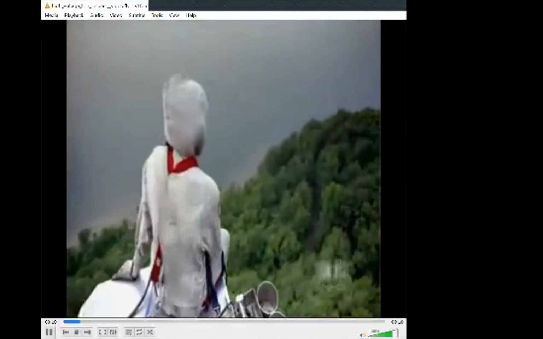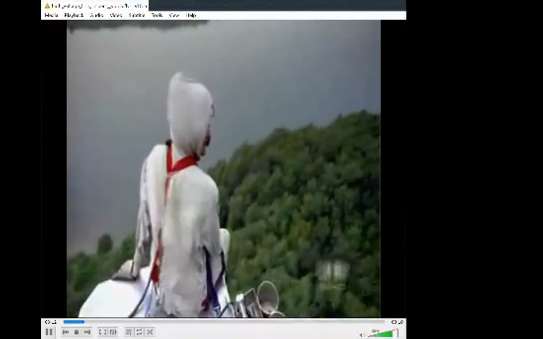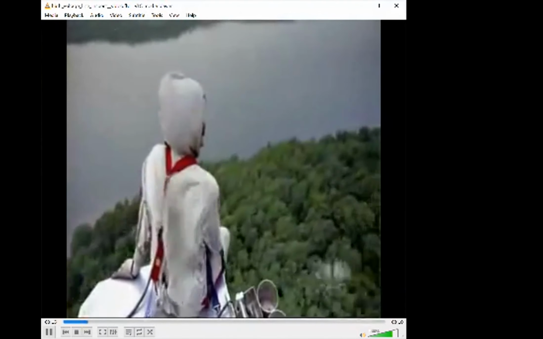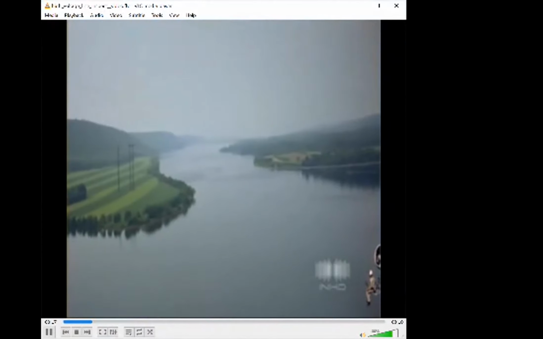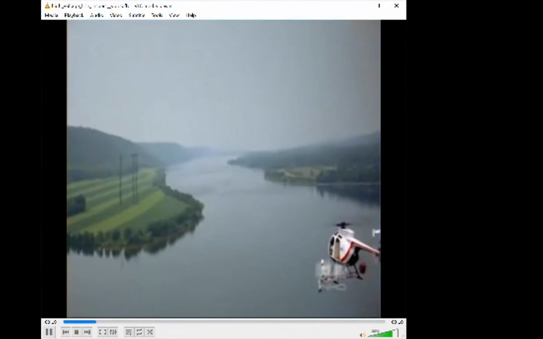I don't give 2 hoots and a holler about flying inside a helicopter. Put me outside. That's where I want to be. On the magic carpet.